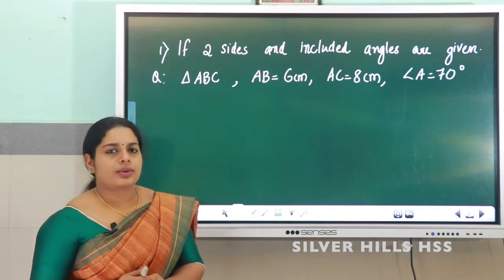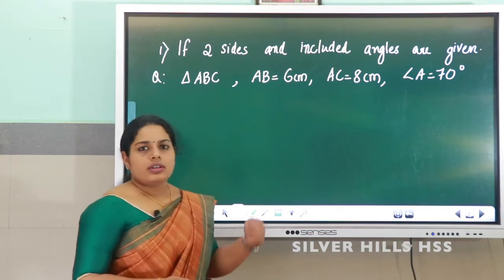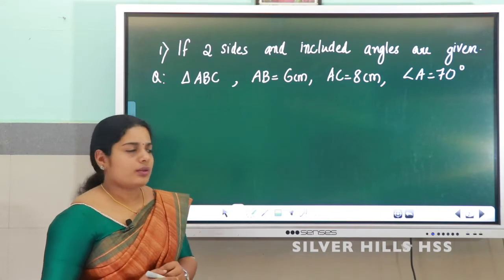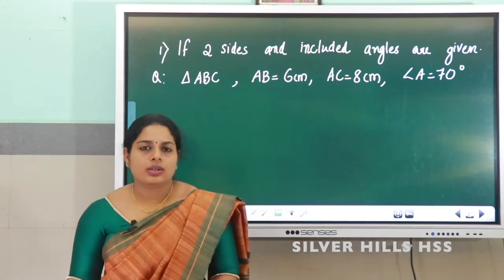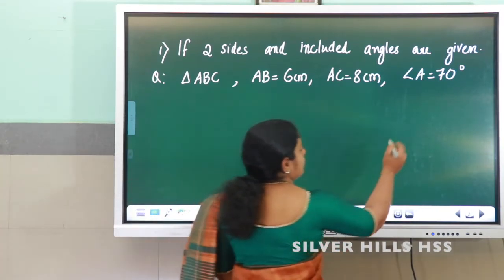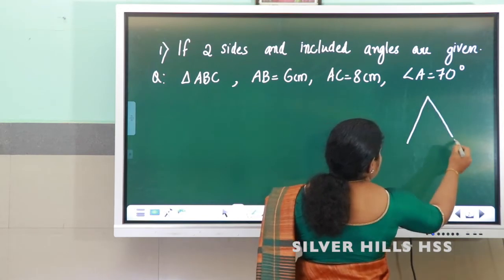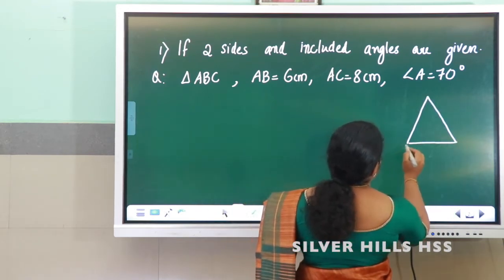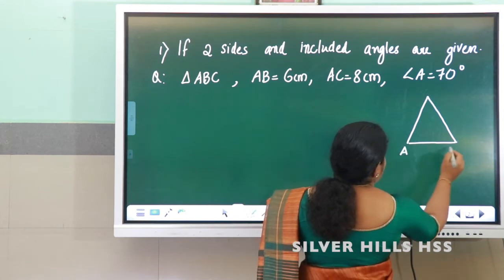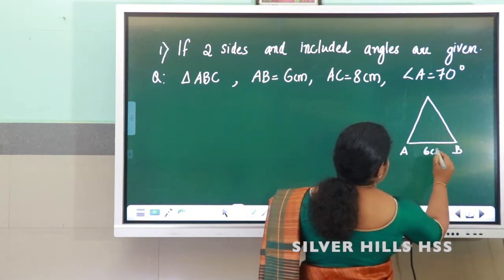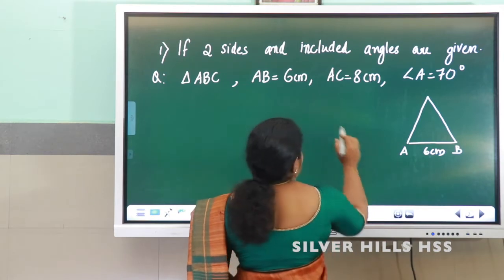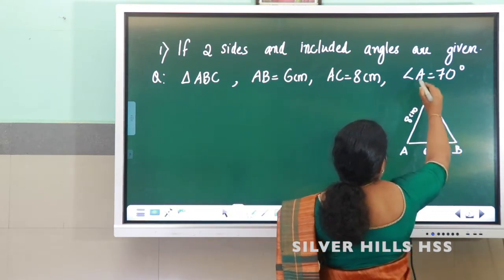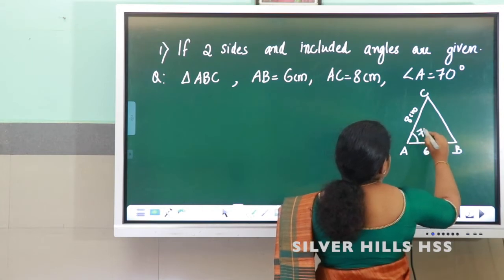Before starting the construction, we will draw a rough figure. That is, we will draw a triangle ABC where AB is equal to 6 centimeter, AC is equal to 8 centimeter and angle A is equal to 70 degree.